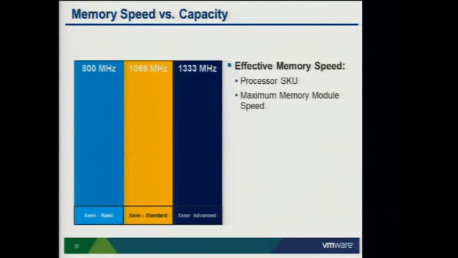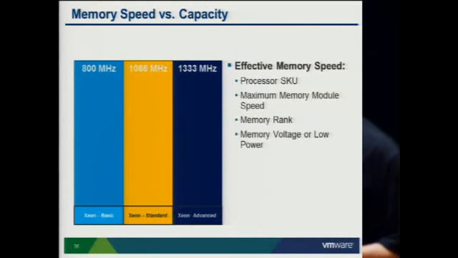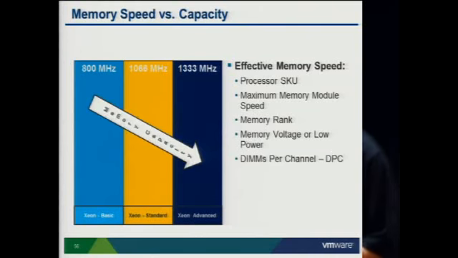If you buy an expensive one, you can probably run at 1333. Of course, you always want to run at a higher speed, right? Also, the memory density, called memory rank. If you have a bigger capacity memory chip, you may be talking about dual rank or quad rank. And then memory voltage and the amount of memory that you put in.